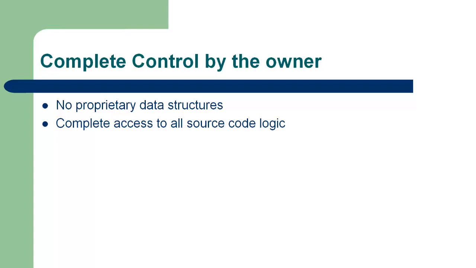We want complete access to all source code logic. I mean, it makes no sense not to have complete control of your hardware. So we need complete source code logic, access to the source code, and make it available. Complete access to every data structure.